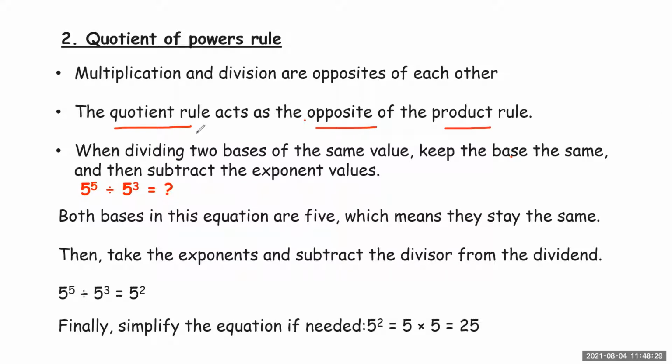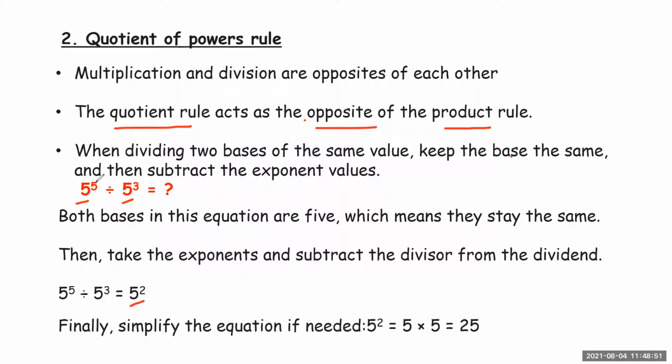That's the difference. So when dividing two bases of the same value, here it is 5 power 5 divided by 5 power 3. The base is the same, so we just keep the base and subtract the denominator exponent from the numerator exponent.